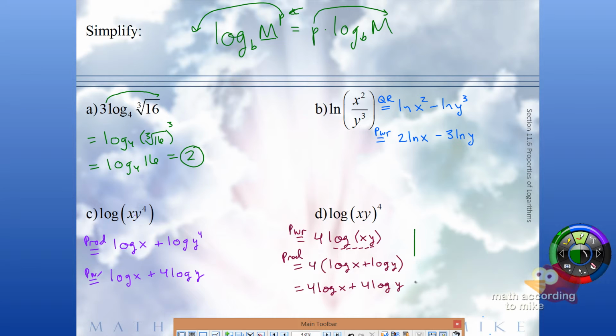If you rewrote your logarithm by using exponential rules, a product to a power means each term of that product receives that power.